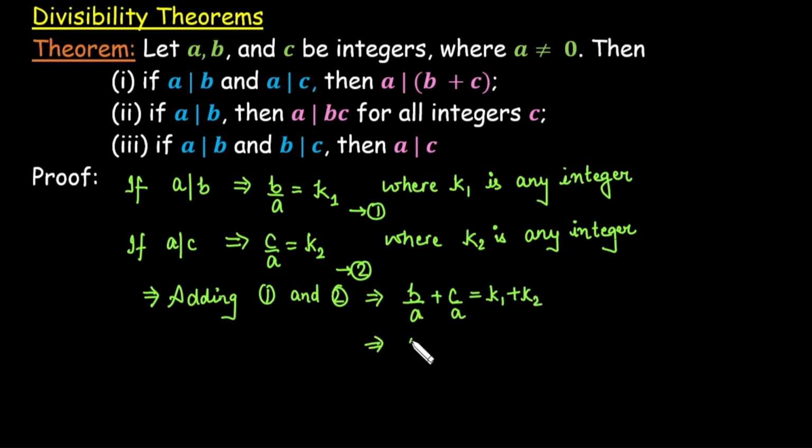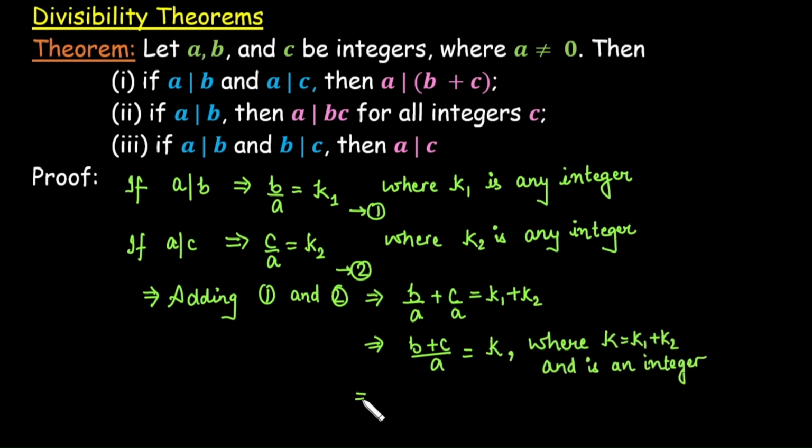On the left side we have B plus C by A, whereas K1 is an integer and K2 is an integer, and the sum of integers is a new integer, let's suppose K. From here, we can conclude that B plus C is exactly divisible by A, or we can say that A divides B plus C, because that is equal to an integer by the definition. So it's very easy to prove the statement.